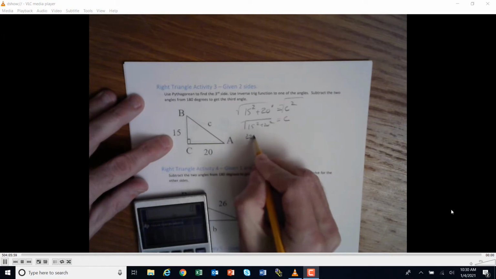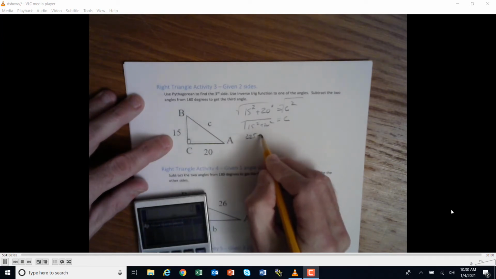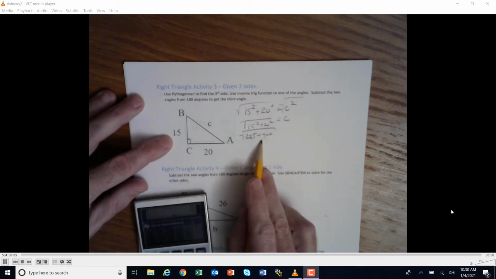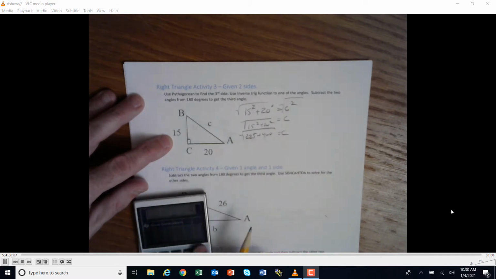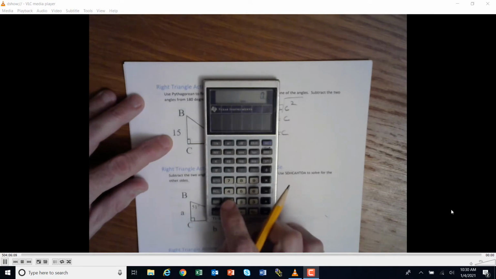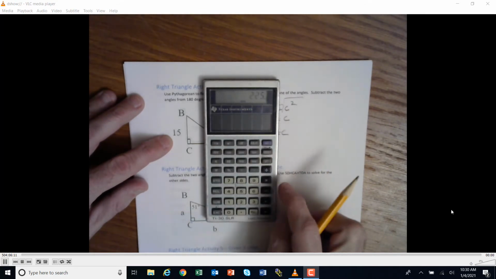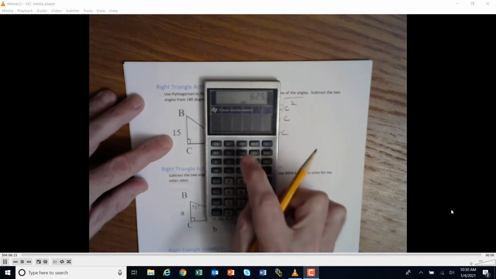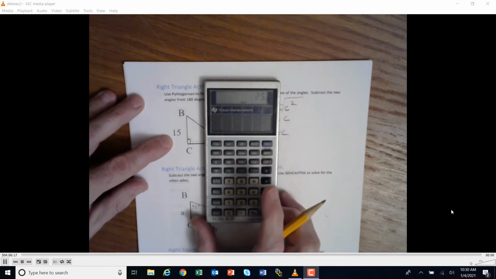We know that 15 squared is 225 plus 20 squared is 400. So it looks like the square root of 625 is going to be equal to c, right? You can always just do it this way: 15 squared plus 20 squared, hit equals, and then there's 625. Take the square root, 25.